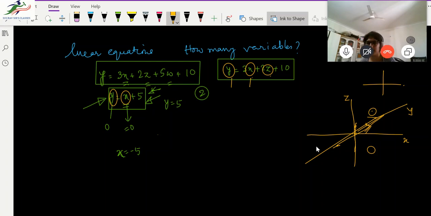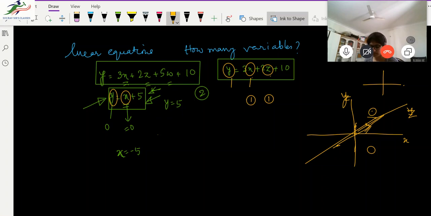Which means that let's say I take it like this. So I take one step in the x direction, one step in the z direction. So let's say x and z are the floor. Let this be z and this be y. So x and z are the floor.